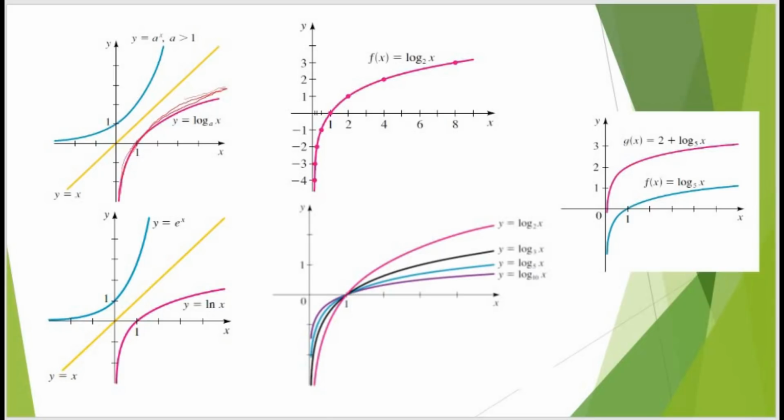If we compare that with the exponential form, the graph of this exponential form is this. Notice that the slope is increasing.